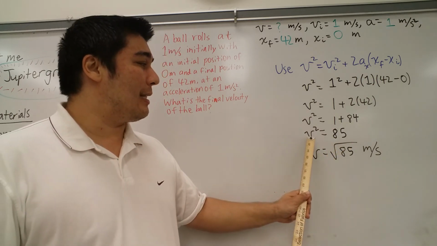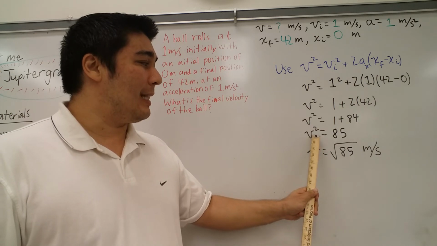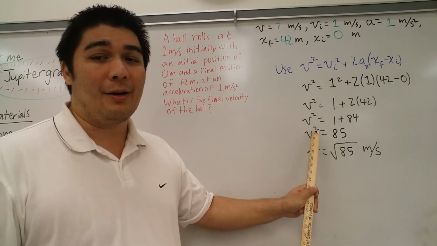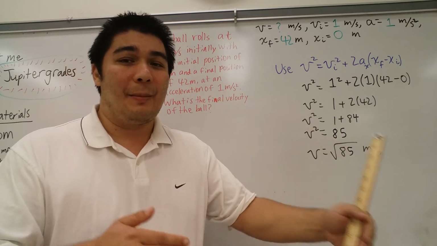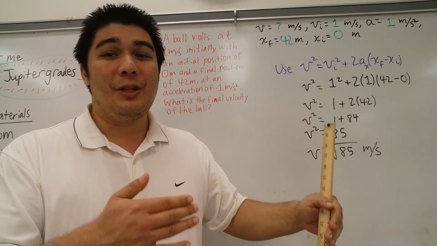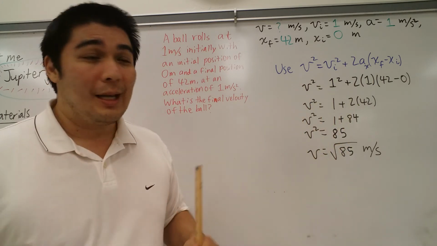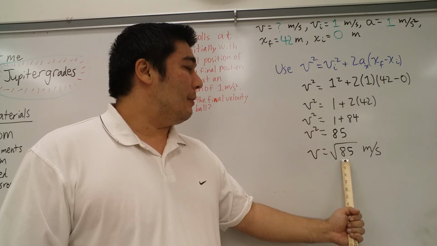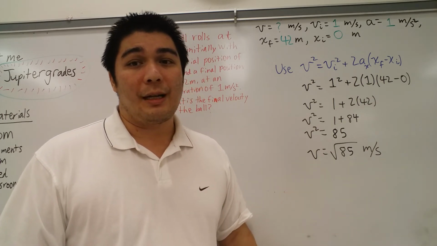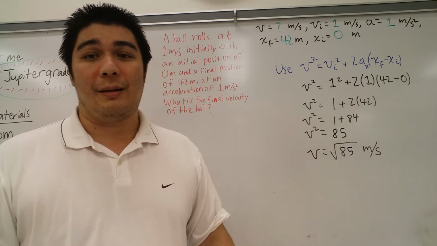So in this example, v raised to the second power is 85. To find out what v is, we have to do the opposite operation of squaring it, which is taking the square root. When I do that, I get v equals the square root of 85 meters per second, just like I did using the shortcut method.